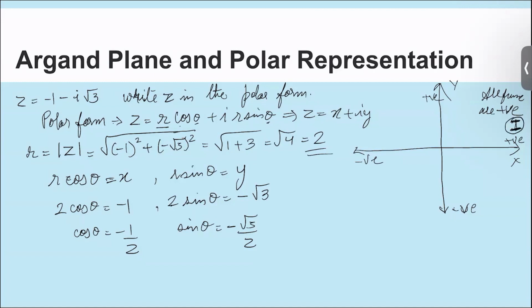All the functions, cos theta, sin theta, tan theta, sec theta, cosec theta, and cot theta, are positive. In your second quadrant, only sine is positive, and because sine is positive, cosec theta will be positive.